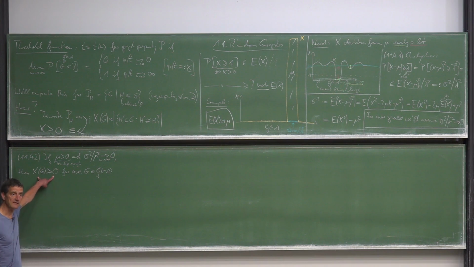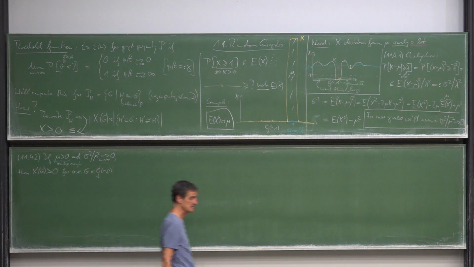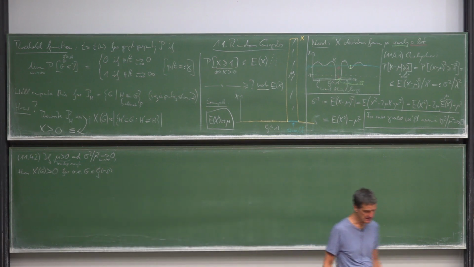Then X is going to be positive, strictly positive, in our application, at least one, there will be a copy of H in G for almost every G. Okay. So that's 11.4.2.